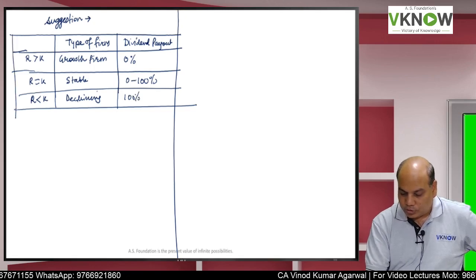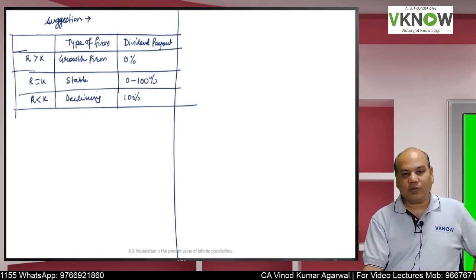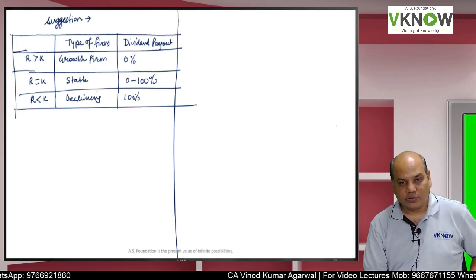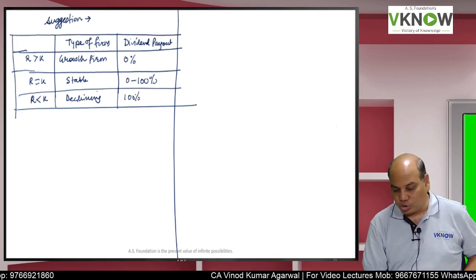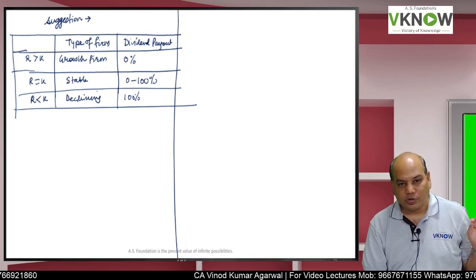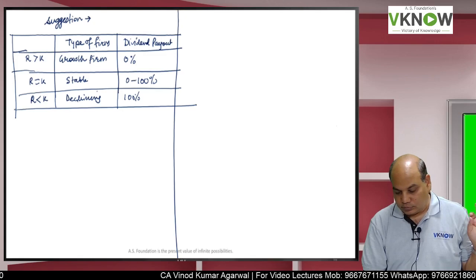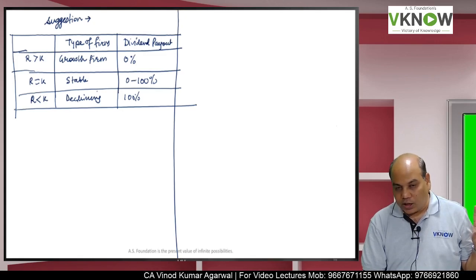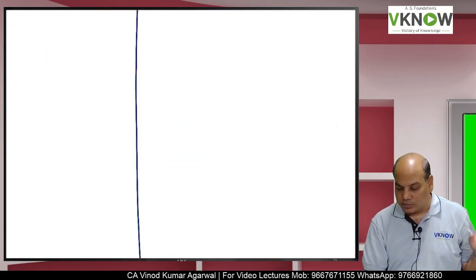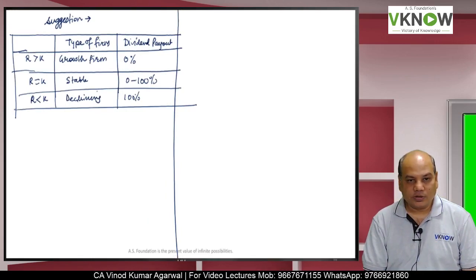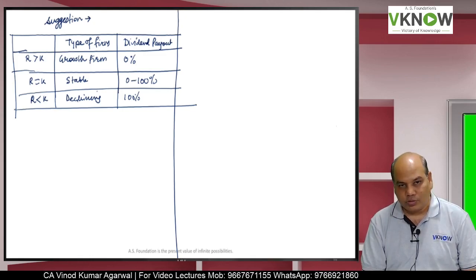So if you follow this prescription given by Walter, the value of the share can be maximized. Is it right? A growth firm should pay 0% because the firm can use the funds better than the investor. R equal to K does not matter, and R less than K, the firm is inefficient. It is better to transfer 100% of the earnings to the shareholder.